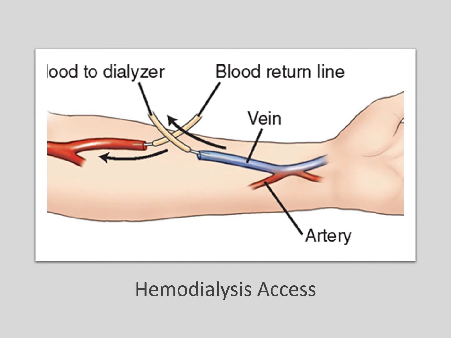All right, next up, we're going to go on to our hemodialysis access procedures. Hemodialysis access procedures are for patients who obviously need to have dialysis. And before they can get the dialysis, they have to have this AV device inserted.